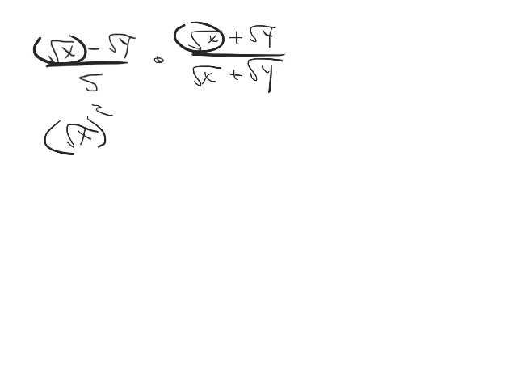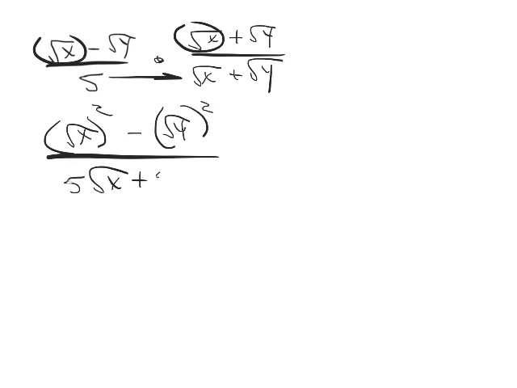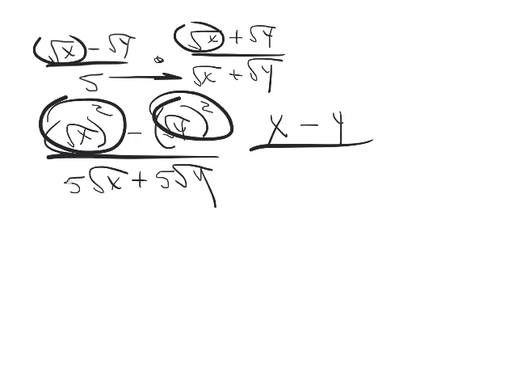And our last one would be just the square root of y squared over 5. We're going to multiply that times each of those: square root of x plus 5 square root of y. So this just becomes an x. This just becomes a y over 5 square root of x plus 5 square root of y.